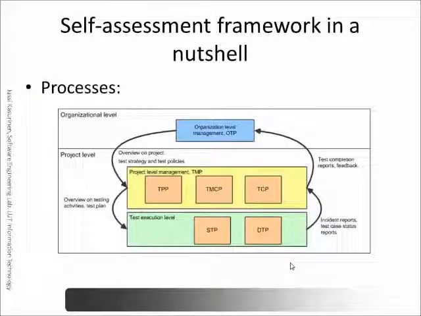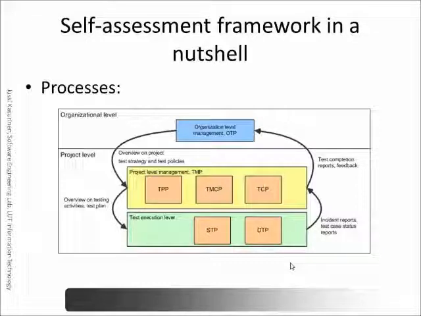Like I said earlier, there's a number of processes there. There's an organizational level process, which is more or less how the upper management is conducting or steering the testing work. There's project level management, the test management process, which is how the overall work at the project level is managed.